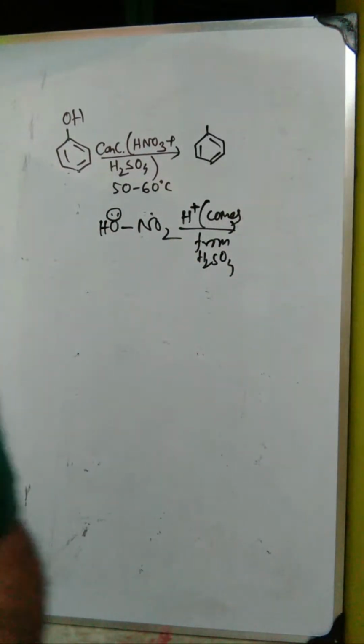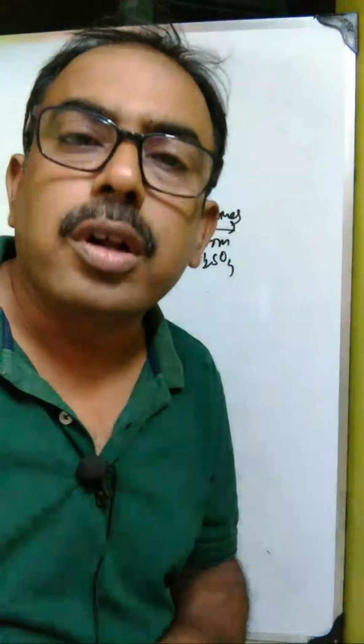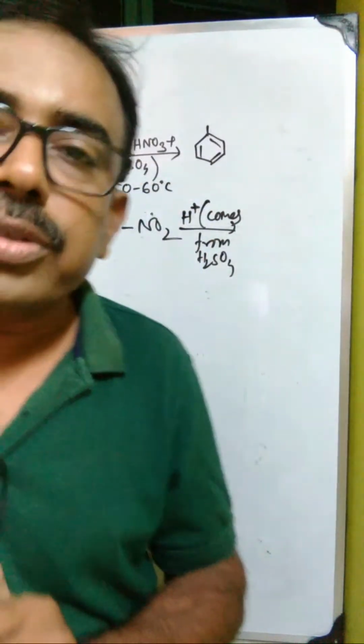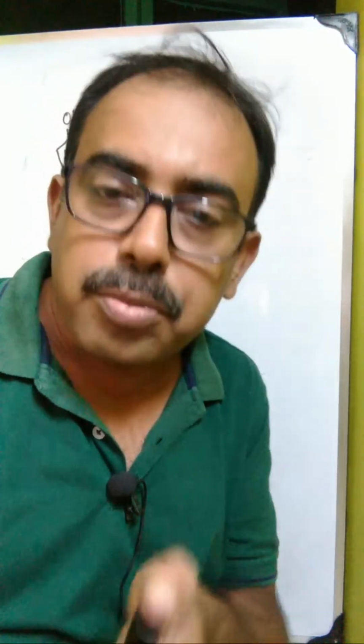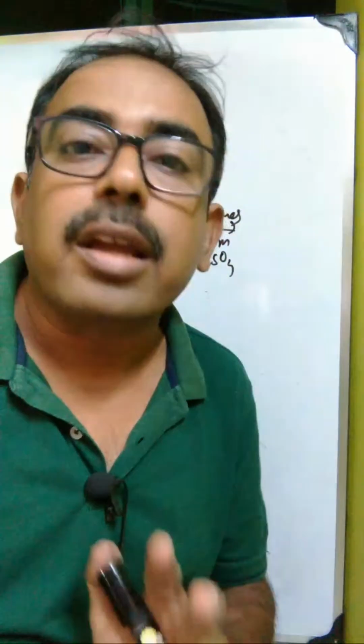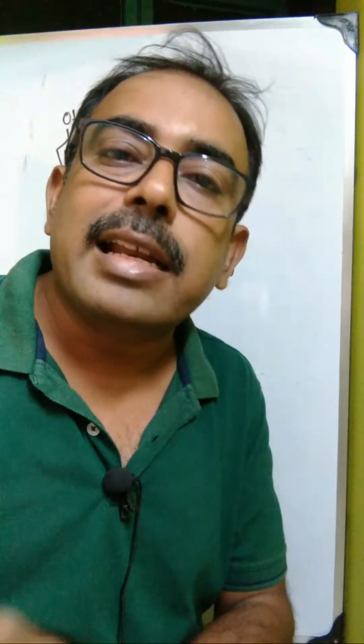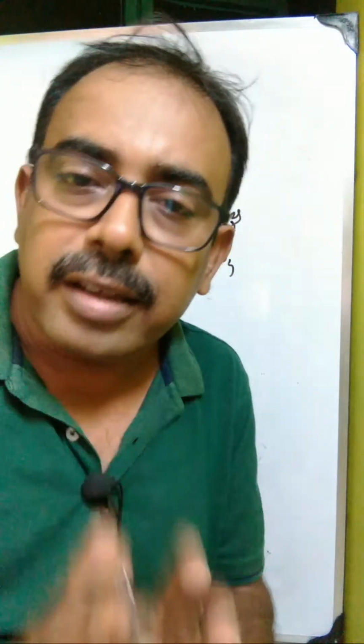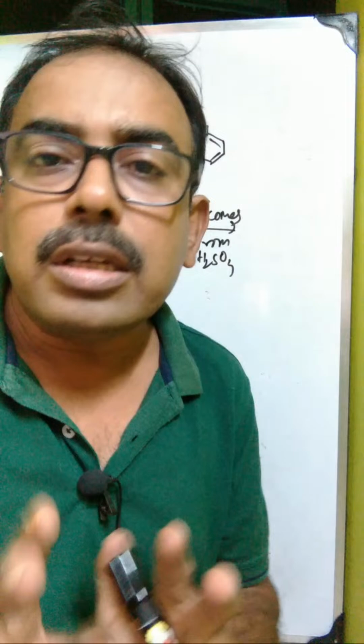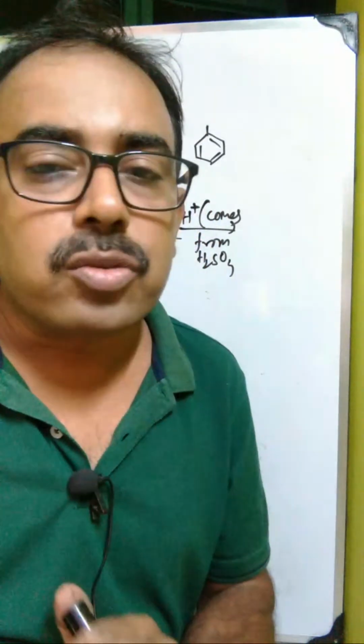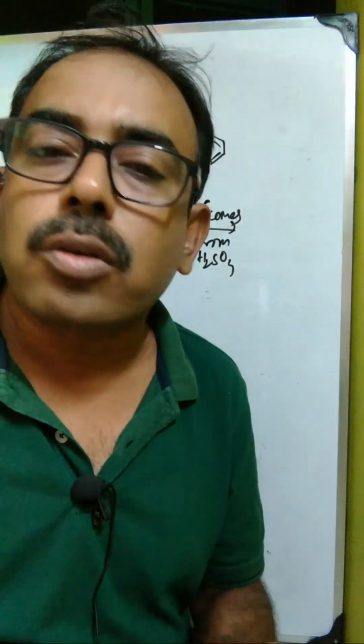Remember, H plus is also called a proton. Why is it called a proton? A normal hydrogen atom has one electron and one proton, and no neutron. If you remove that electron, then H plus ion is formed, which is only a proton and nothing else. That's why H plus ion is also called a proton.